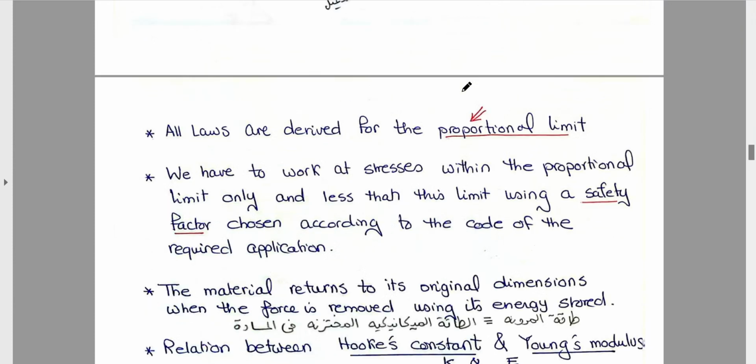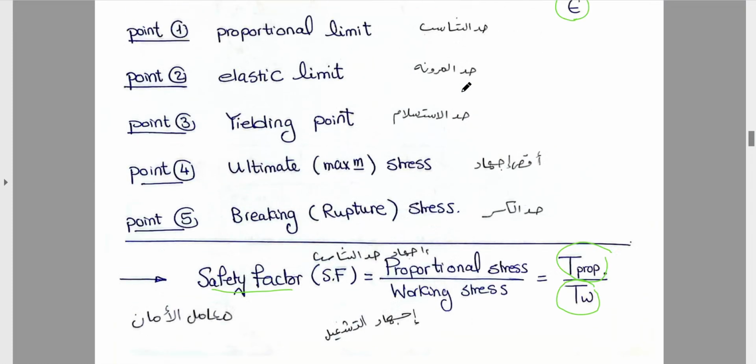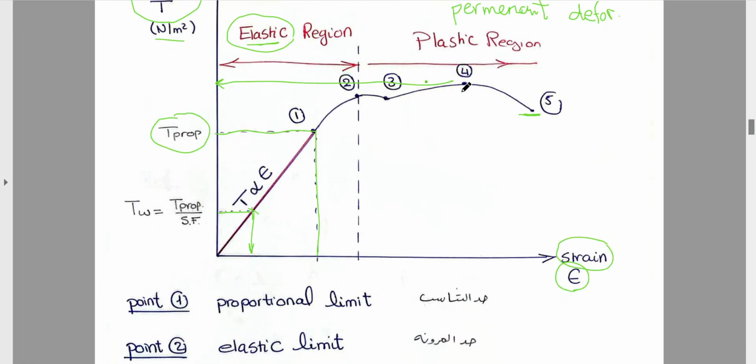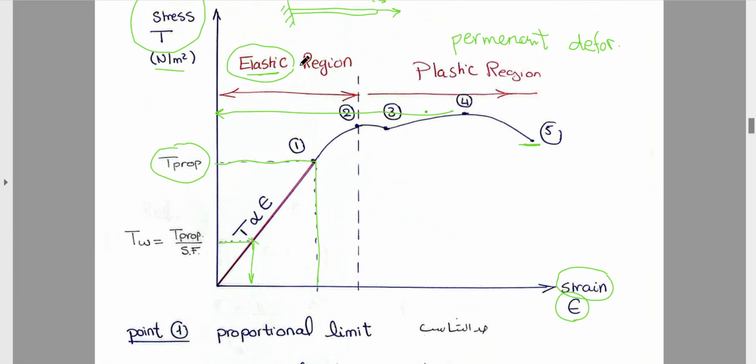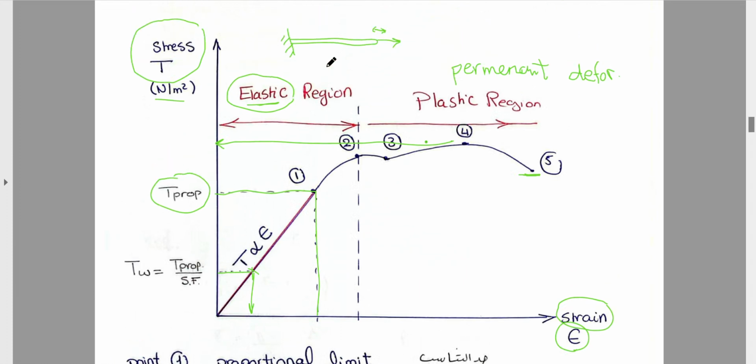If we return to the stress strain curve, when explaining the elastic region, we said removing the stress will remove the strain, and the material will regain its original dimensions x naught. What makes the material go back to its original size?